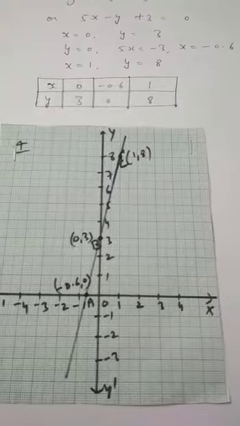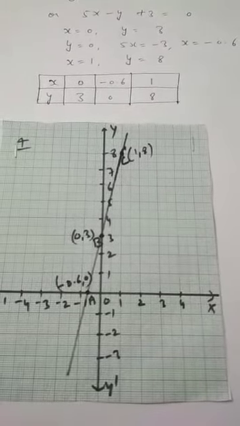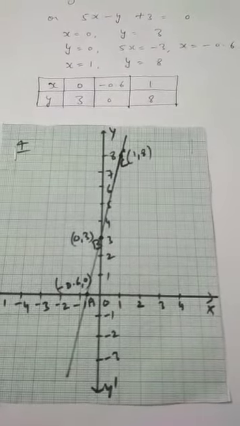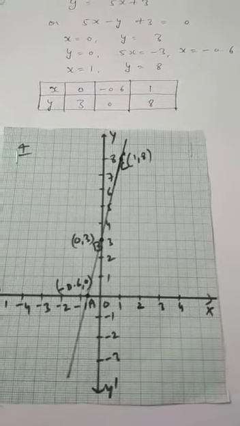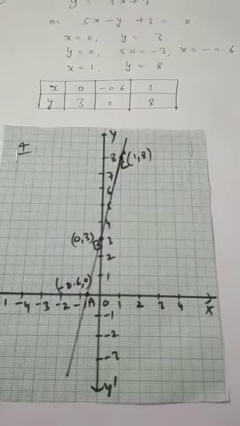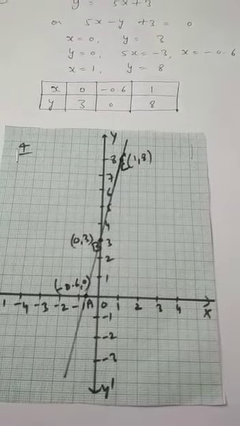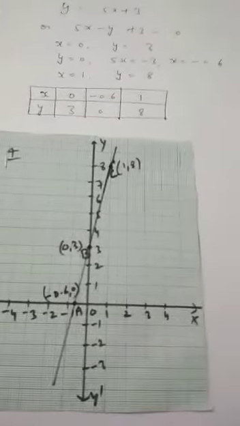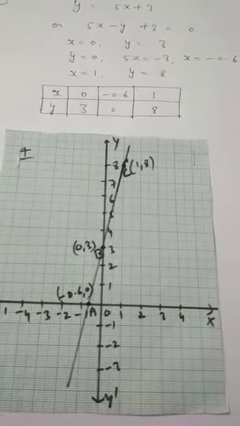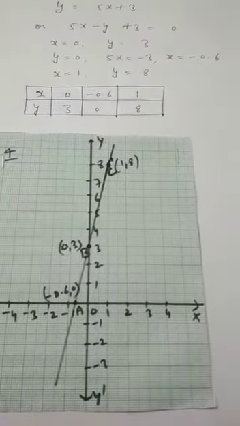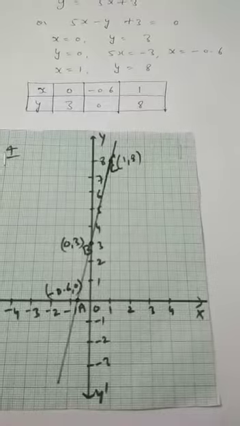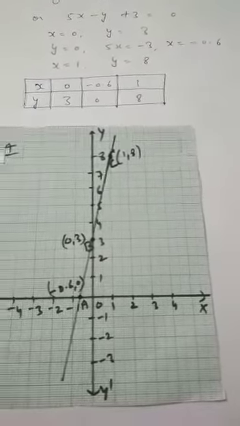So if you join them, you are again getting a straight line. It means again our solution is correct. So clear? Please read the question carefully and then try to make the equation correct and then find correct solutions. Then definitely the graph will be correct.